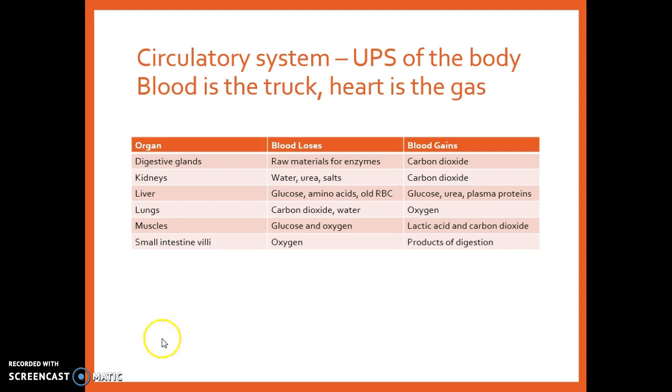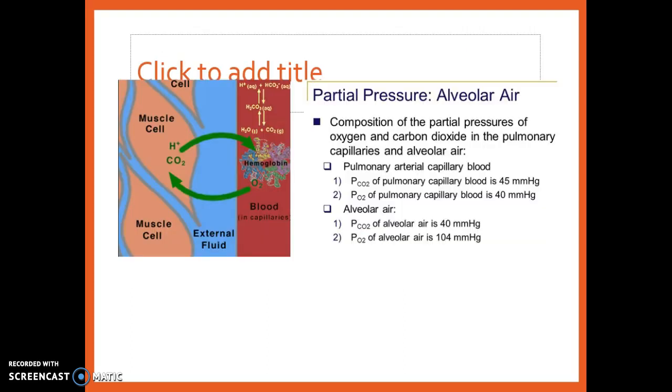Strange but true, there isn't a UPS guy to make sure that happens. It operates completely on concentration gradients. If the blood has a high concentration of oxygen and the tissues around it, the muscles in your body, have a low concentration of oxygen, oxygen will flow from the bloodstream using simple diffusion into those muscle cells.